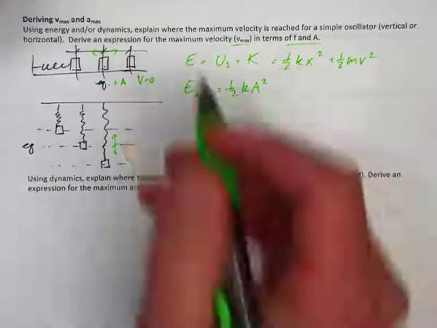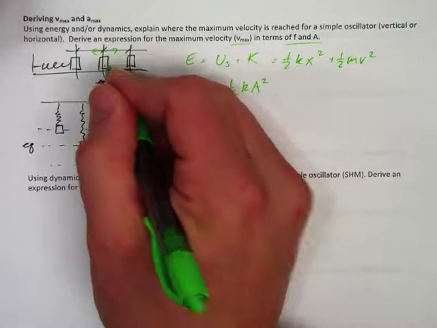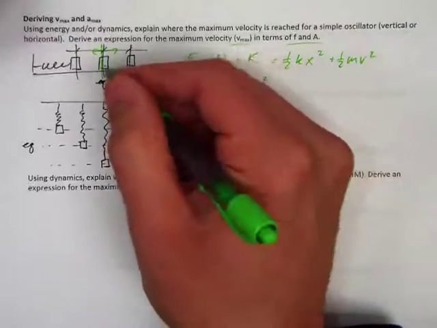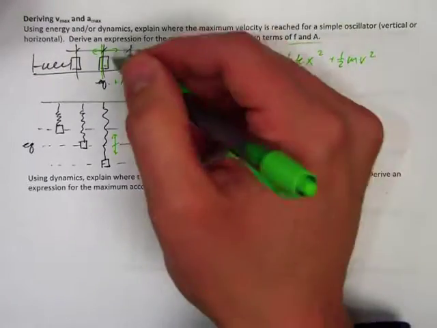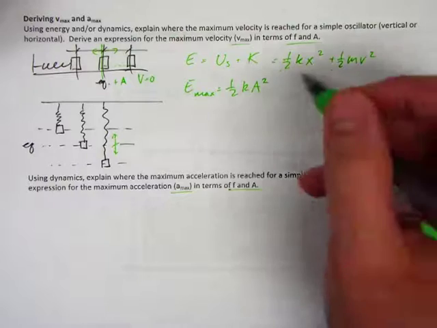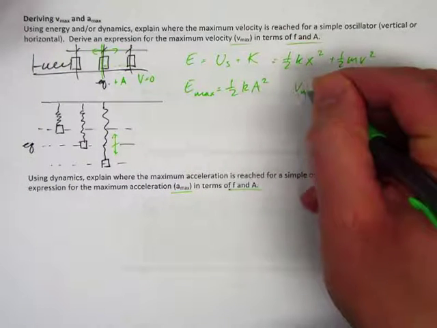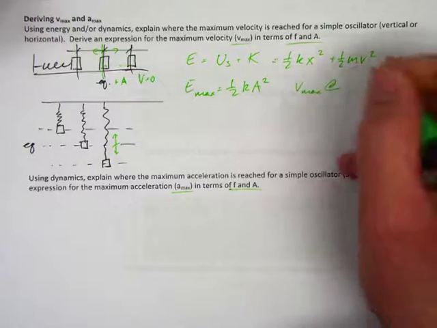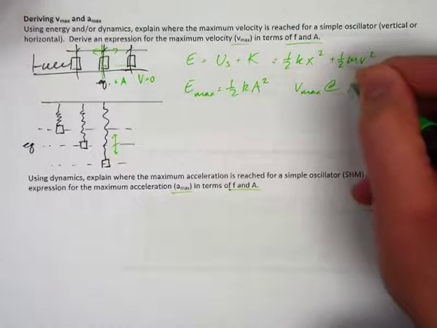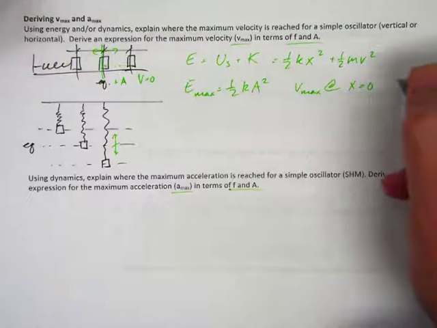Now, as it slides back towards equilibrium and reaches equilibrium, the whole time it's accelerating, and so it's going to reach its maximum velocity at equilibrium. So V max will occur at a position of x equals 0. And you can see that from conservation of energy.